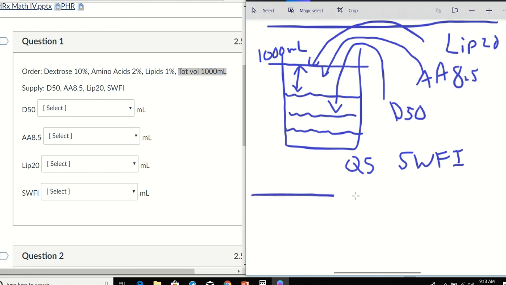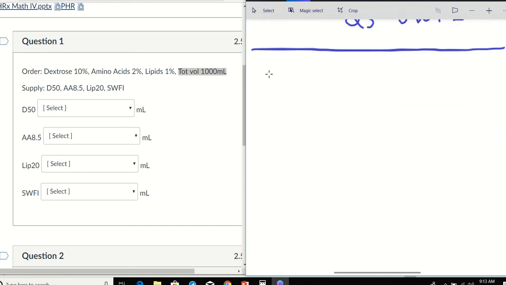All right, so let's make a little chart to organize our math for this. All you want to do for the math is order over supply times the amount. All right, so let's take a look. Our solution name, the order, the supply, and the mLs we need to use.